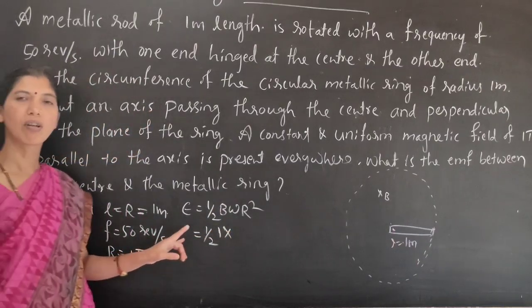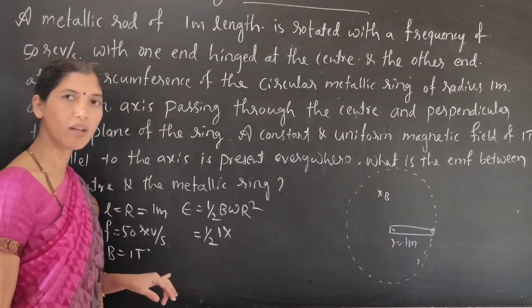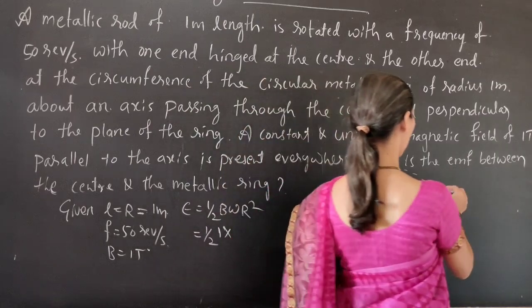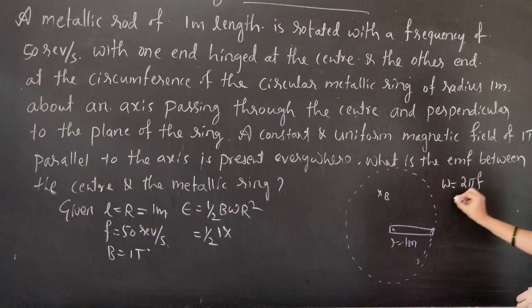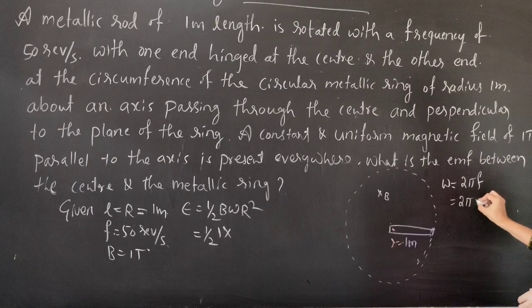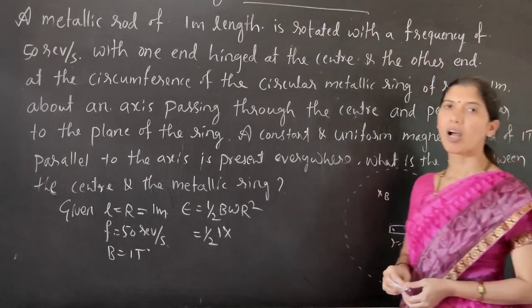Omega value is not given here. Instead of omega they have given F. If you know the value of F, you can easily calculate omega. Omega is equal to 2 pi F. So this is 2 pi into F, which is 50 revolutions per second. So 50 into 2 is 100 pi. Omega is equal to 100 pi.